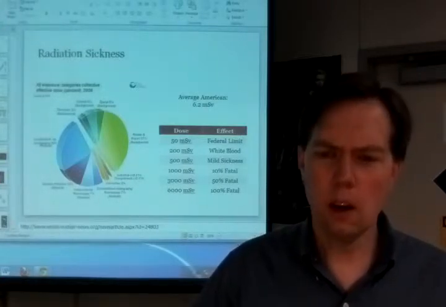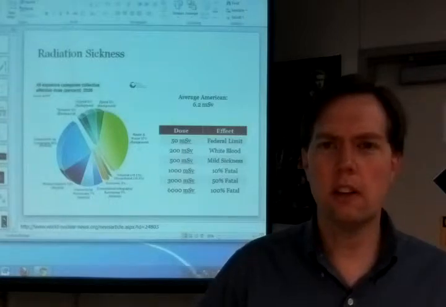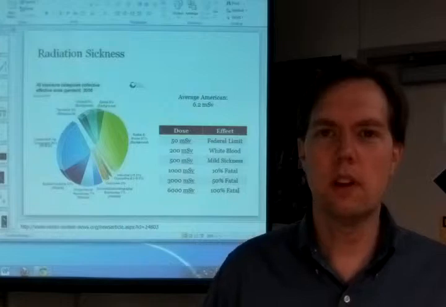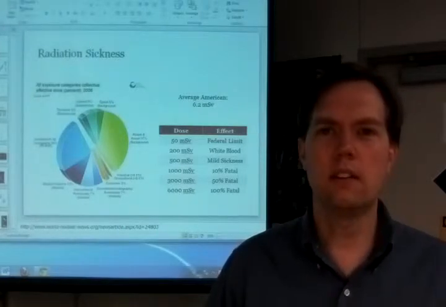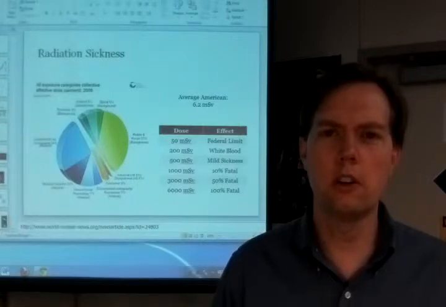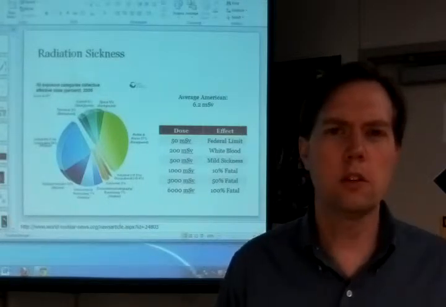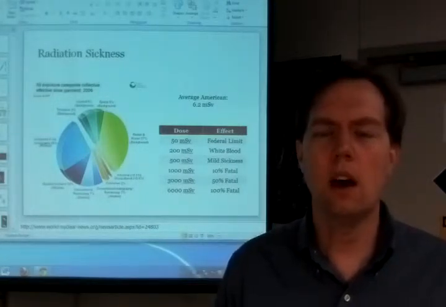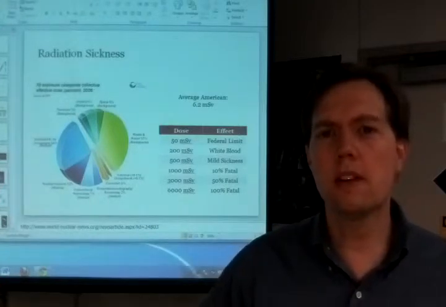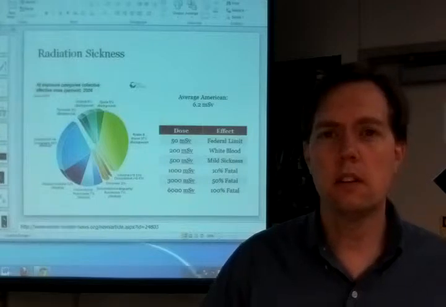Now, the amount of radiation that is required to actually produce sickness depends on several factors. Obviously it depends on the amount of energy that's being absorbed. It also depends on the mass of the thing that's doing the absorbing. It also depends on the type of radiation.